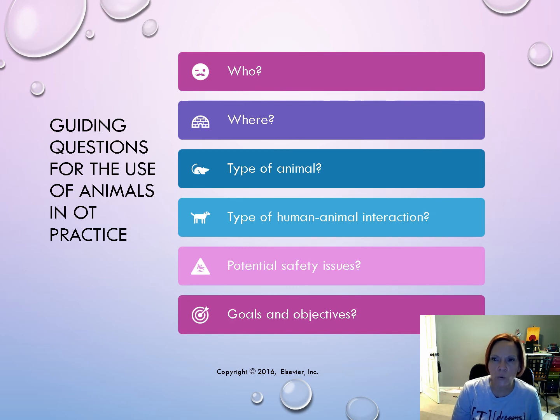Who would need animals or animal therapy? Where would it be used? What type of animal? What type of interaction are you looking for between the human and the animal? Are there some safety issues that we need to consider? Some goals and objectives? Can you think of some?